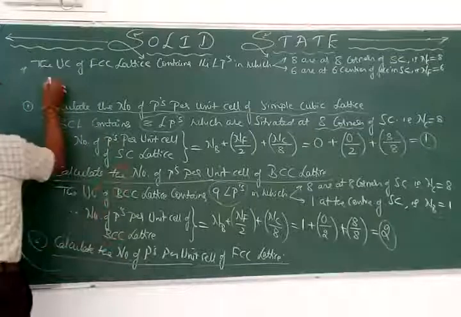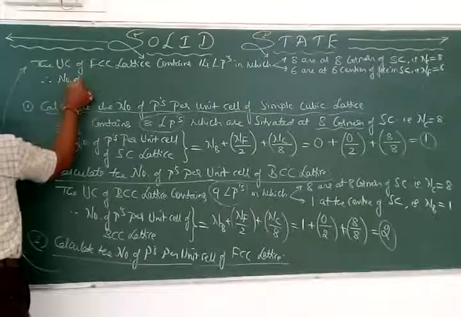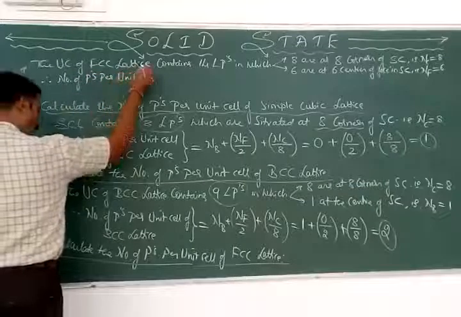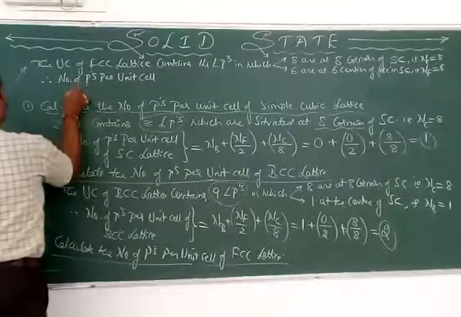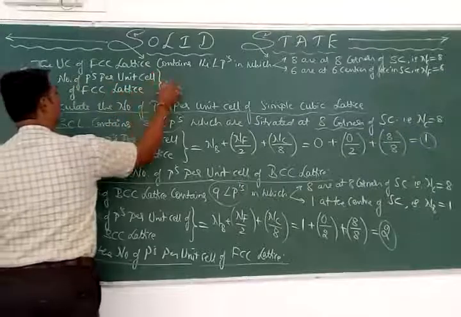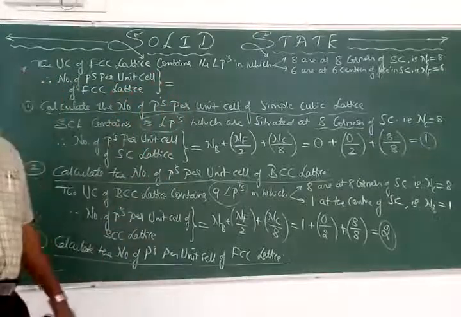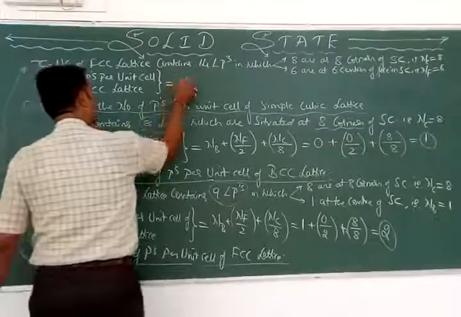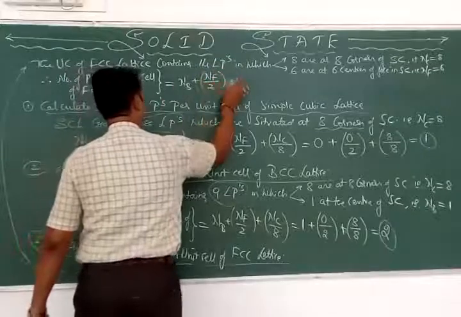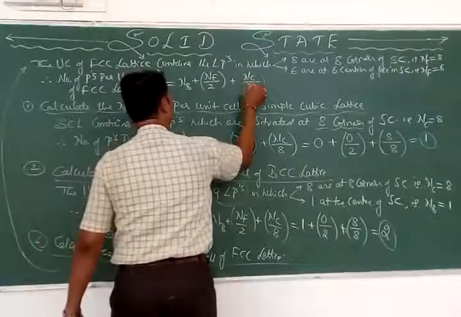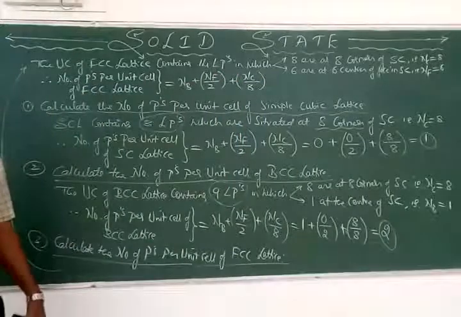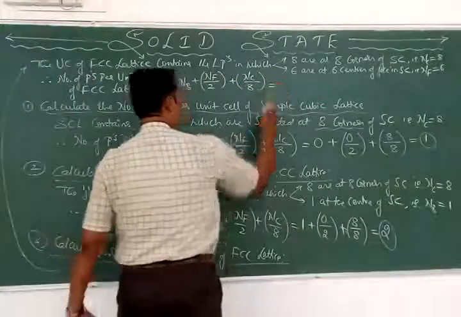Therefore, the number of particles per unit cell of the FCC lattice is NB plus NF by 2 plus NC by 8. That is equal to: what is NB here?